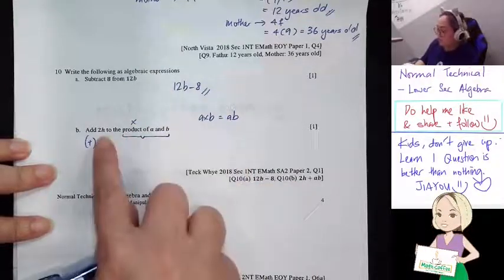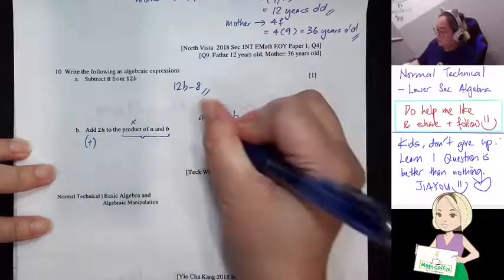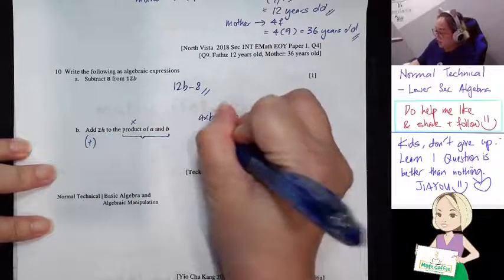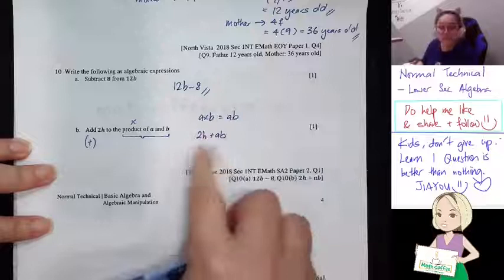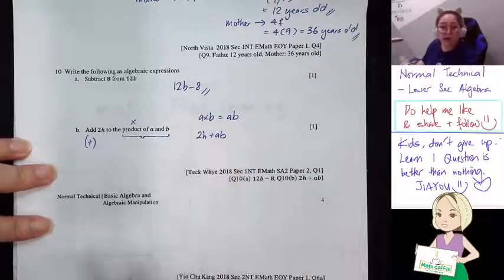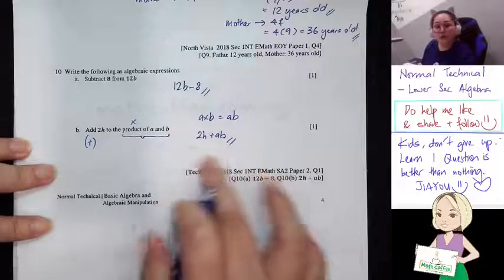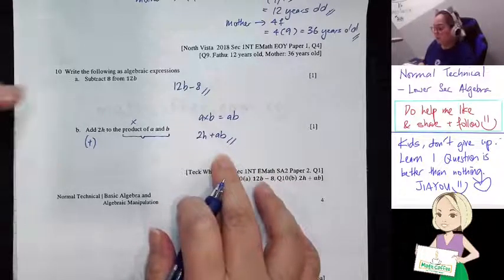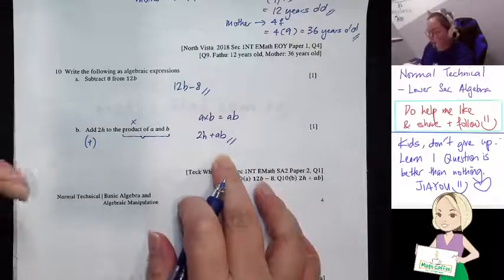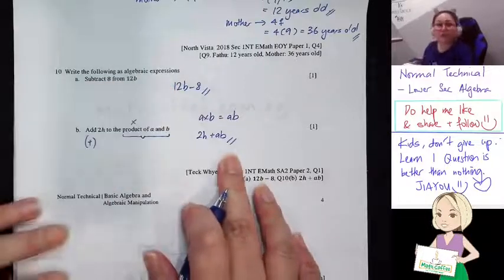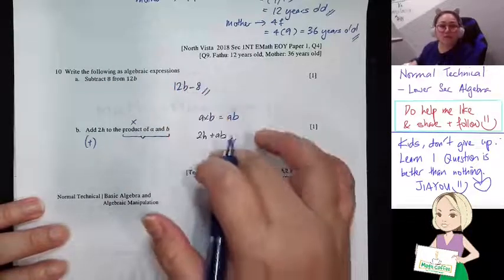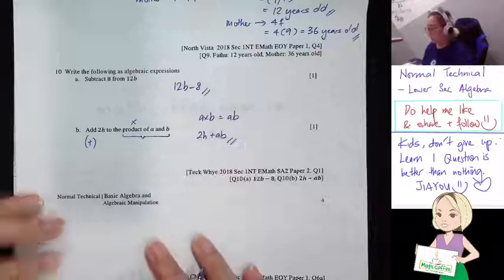It means they want you to add this to this, so it's simply 2H plus AB. And this is definitely unlike terms, you cannot add them anymore. So this is the final answer. This is changing English into algebraic expression. So that's for question 10.